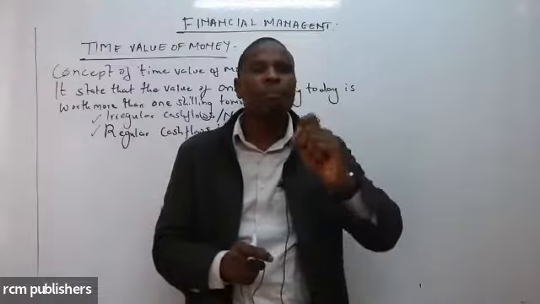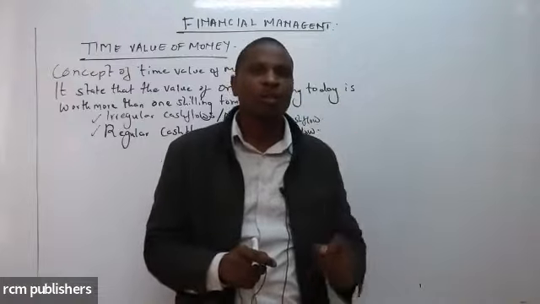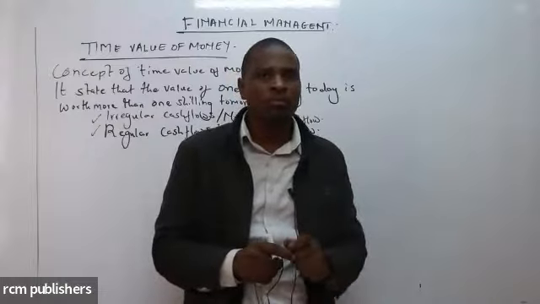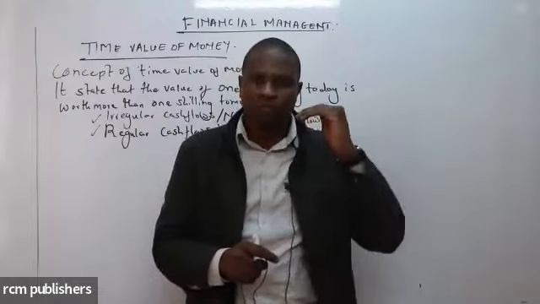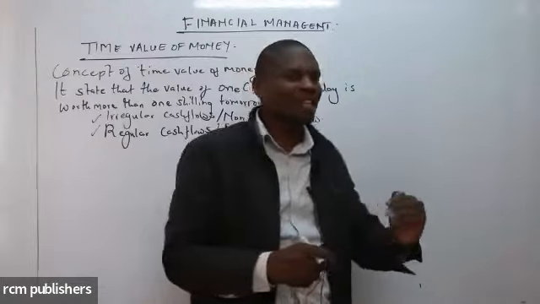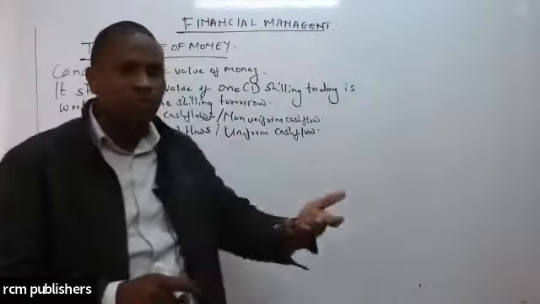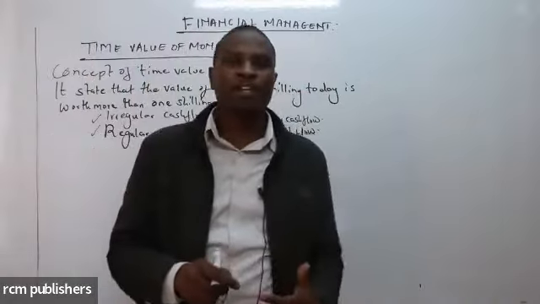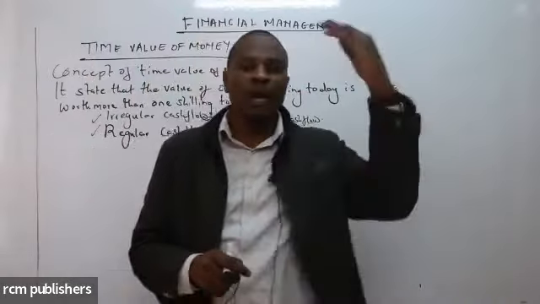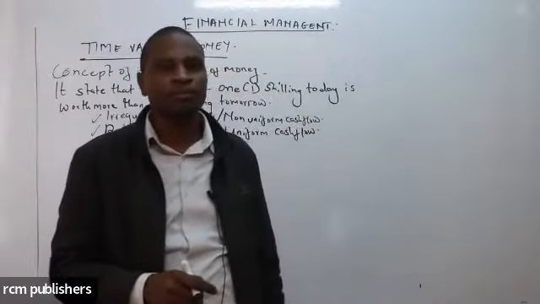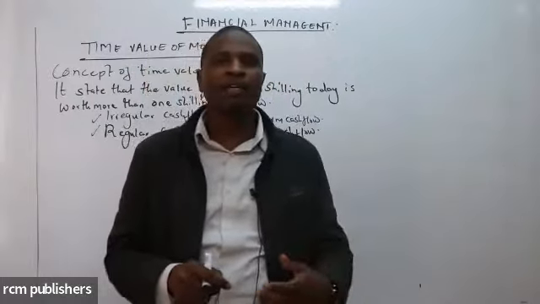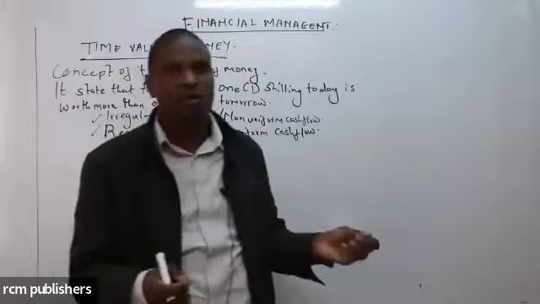The same case applies when we are dealing with a regular cash flow. As the name suggests, these are uniform cash flows, which are uniform every year. Even if we have 10 years, each year we are having a cash flow of 12,000.